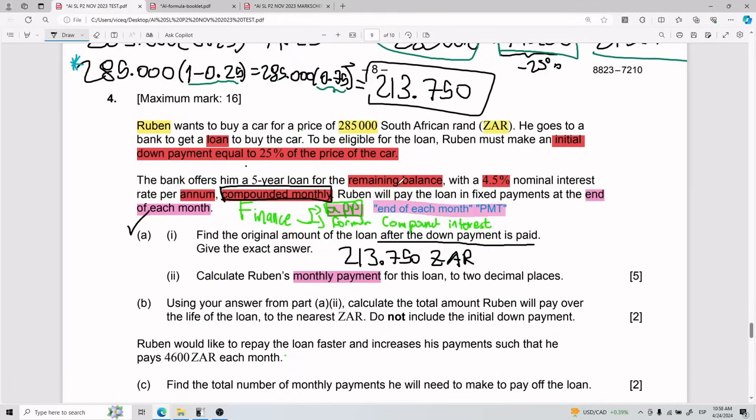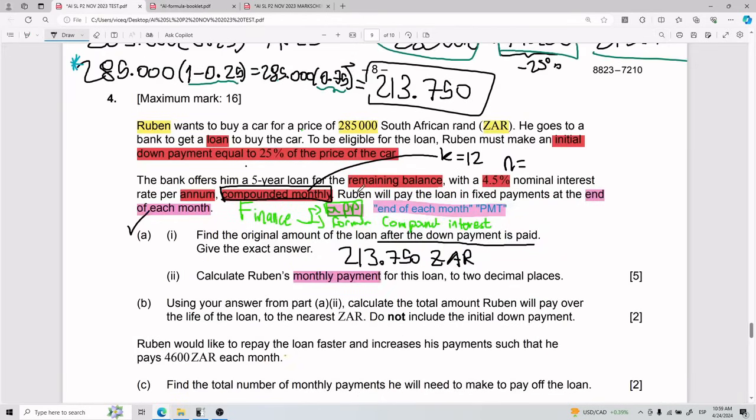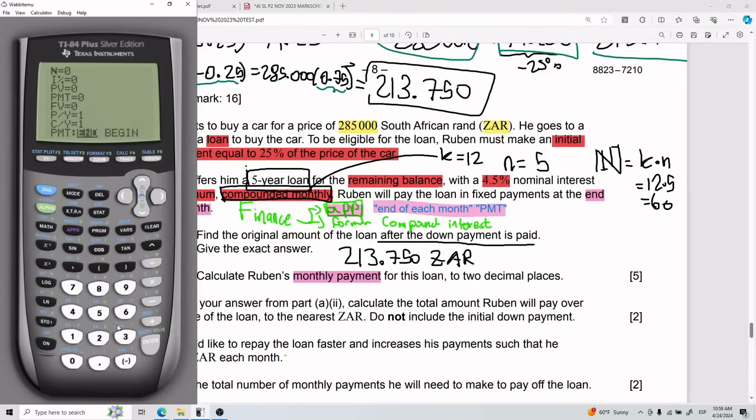How many months are in a year? 12. So k is going to be 12. Little n, we said, was number of years. What are the numbers of years in this case? It's a 5-year loan. So little n is going to be 5. K is going to be 12. That means that big N, which we said was k times n, is just going to be 12 times 5, which is 60. So big N is 60.